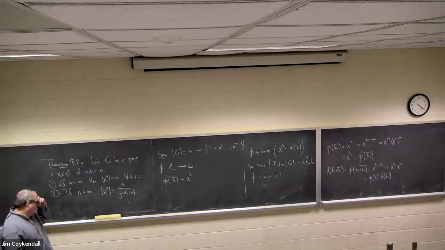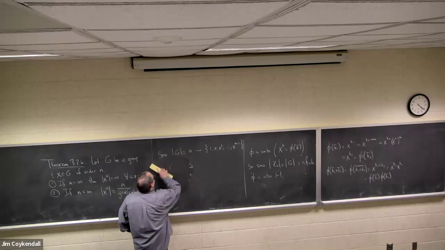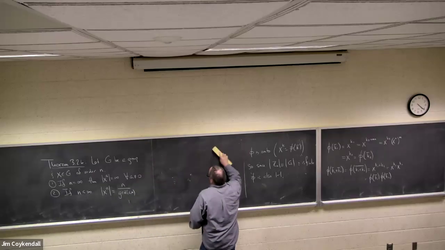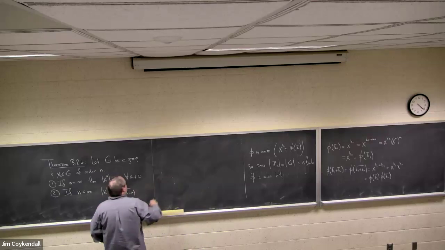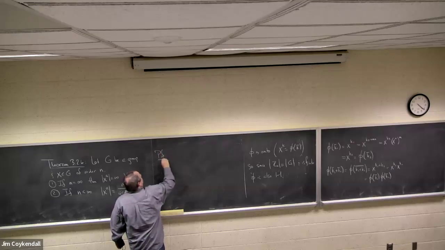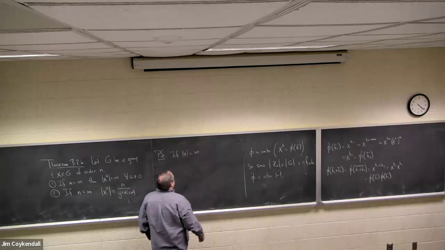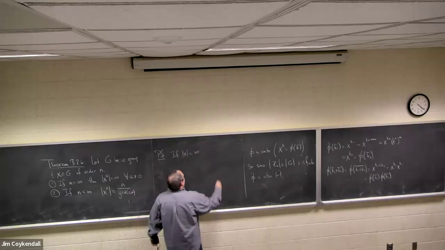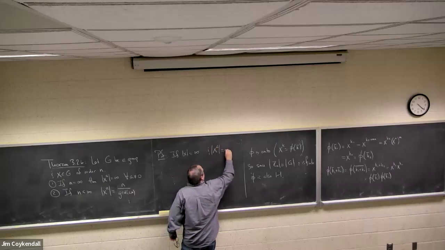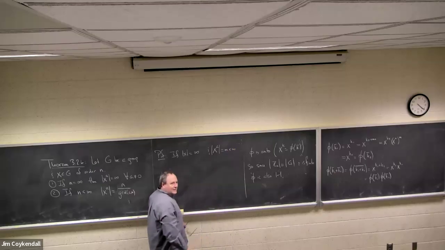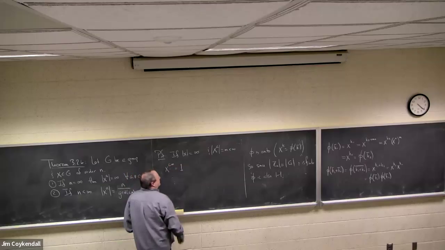So this one right here, let me just sketch this out. For this one, if the order of x is infinite, and suppose that x^a, or let's say, is m, well, doesn't this mean that (x^a)^m is 1?